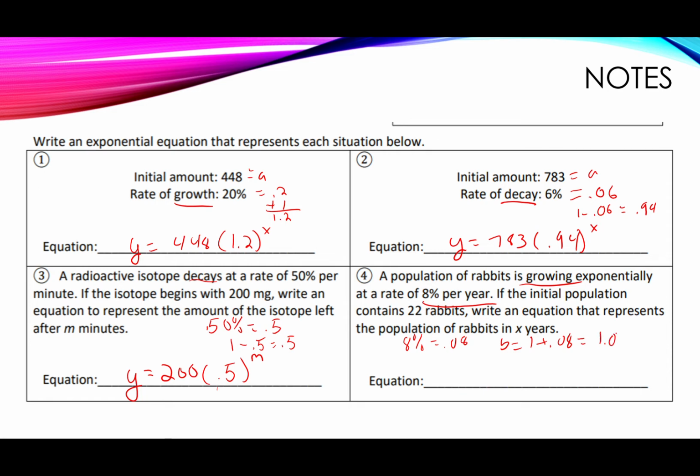This is 1.08. The initial population contains 22 rabbits. So y equals 22, and in parentheses 1.08 to the x power. Got it? All right, and let's move on.